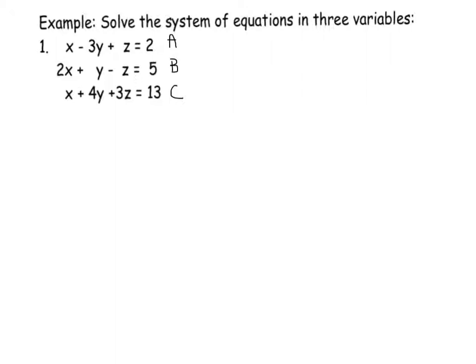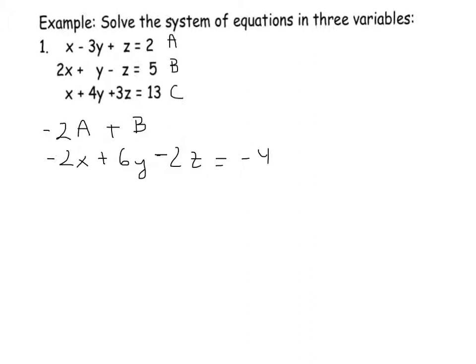So the first thing I will do is multiply equation A by -2 and add equation B to this -2 times A. So -2x plus 6y minus 2z will equal -4.